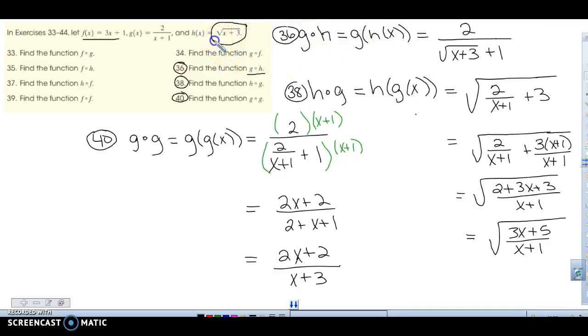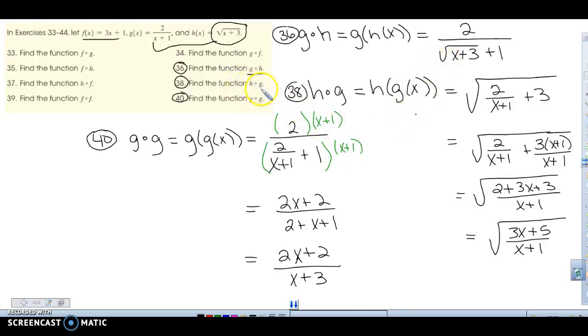We are taking it and plugging it into the g function where there is a variable x. And so this is what we end up with: 2 over the h function, square root of x plus 3, plus 1. Taking this and plugging it in here where the x is. That is what the composite of those two functions would look like.